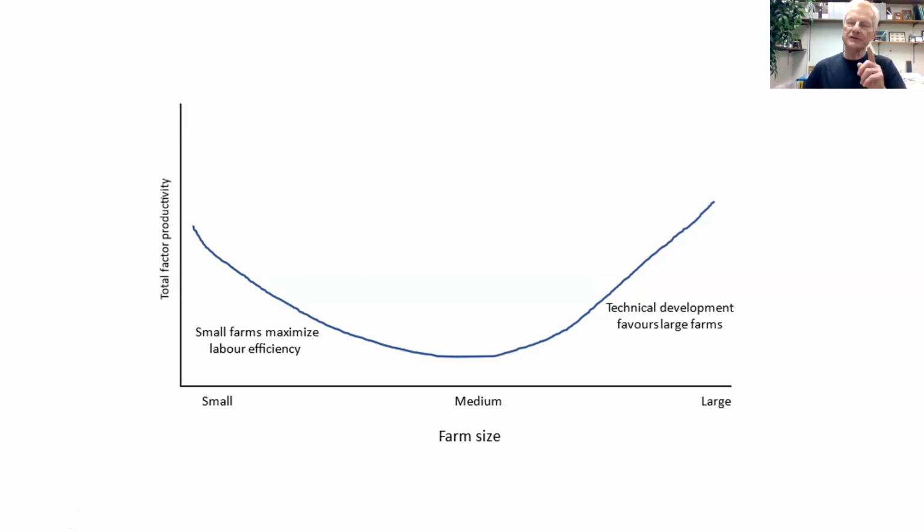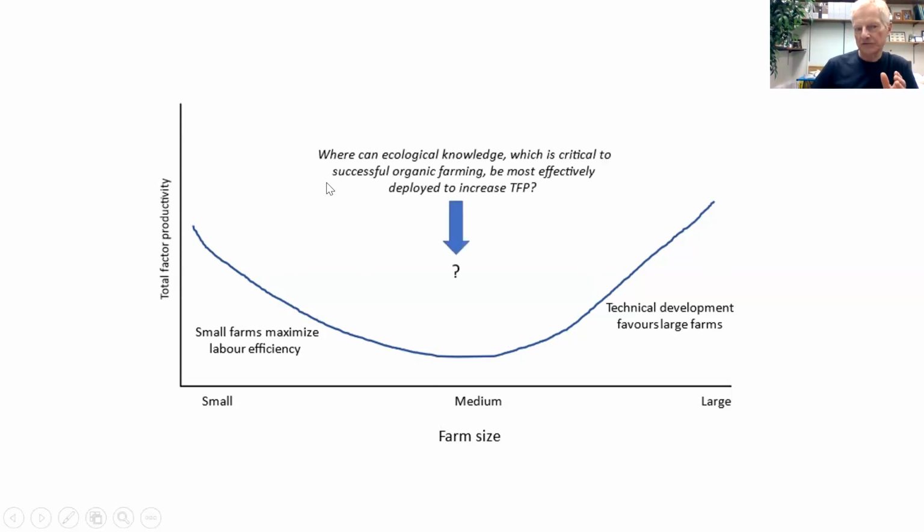Now, my question is that applies in a conventional farming system. In an organic farming system, where ecological knowledge is critical to the success of the farm, does that mean that the optimum farm size is a little bit smaller than these really large ones?